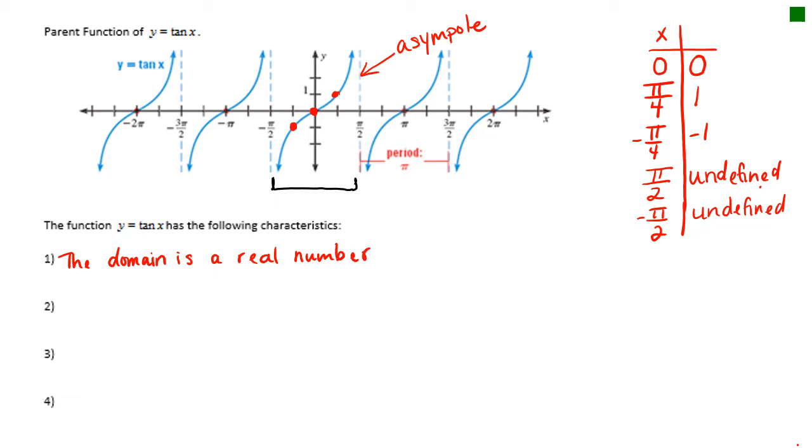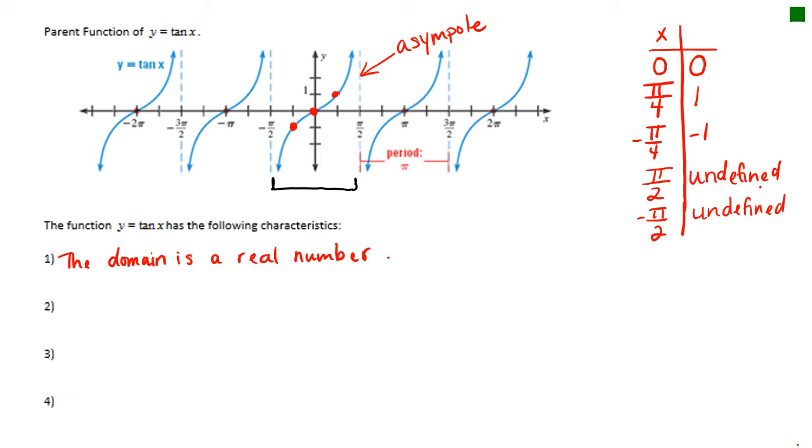So pi halves, 3 pi halves, 5 pi halves, negative pi halves, negative 3 pi halves.